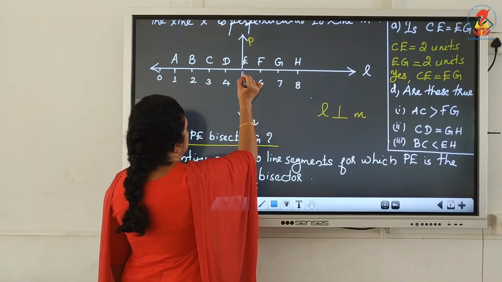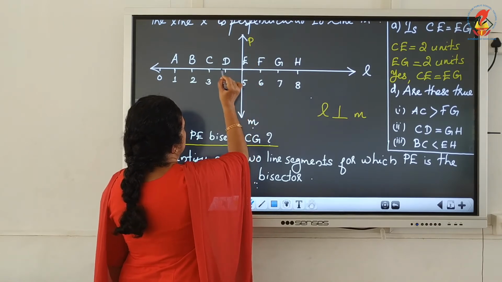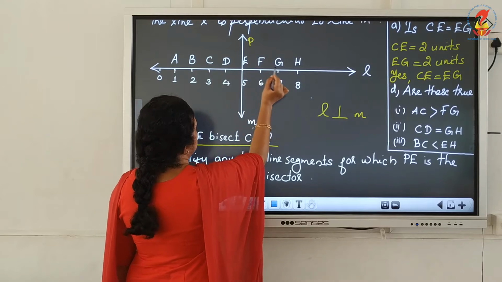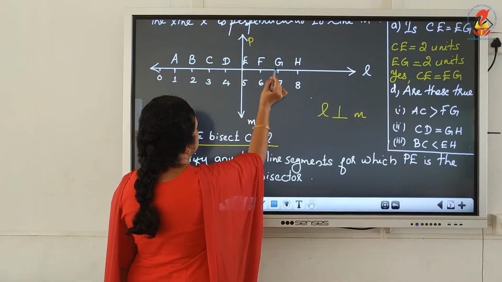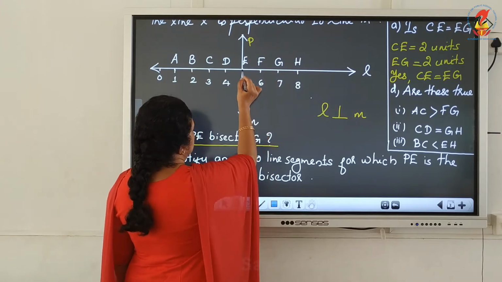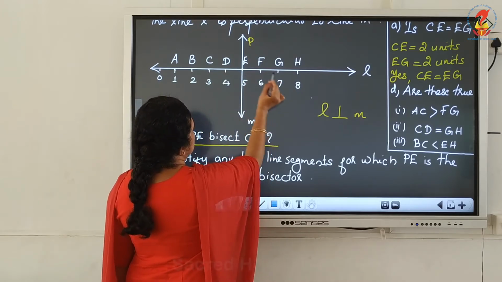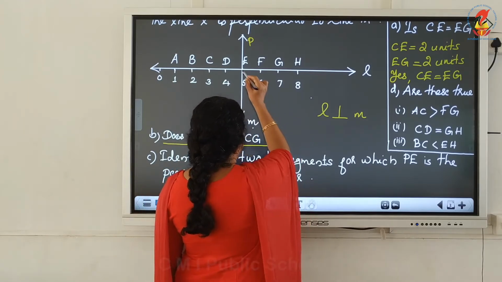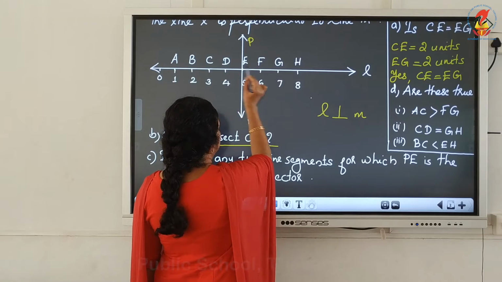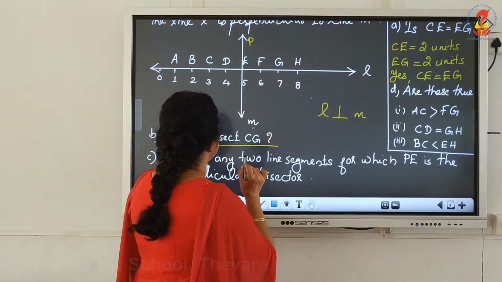So E is the midpoint of CG. You have to look into whether E is the midpoint of CG. The point E divides CG into two equal parts. You have to check that.